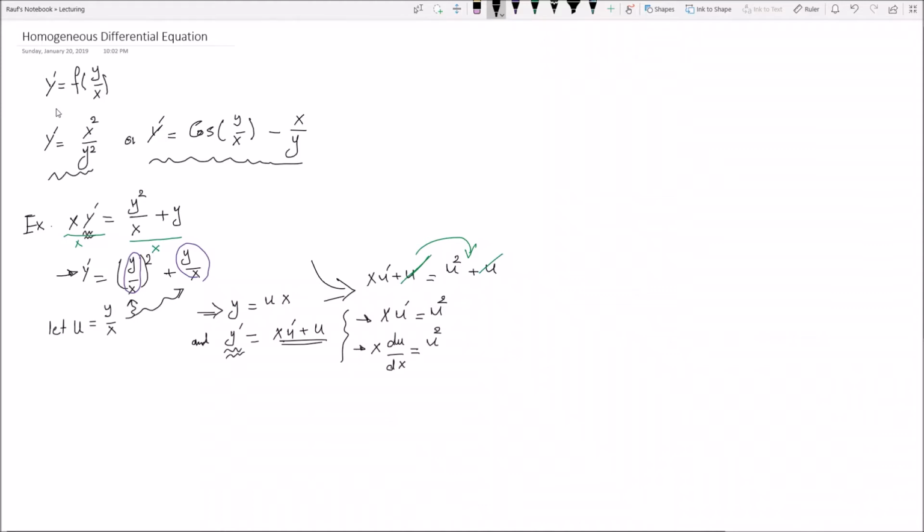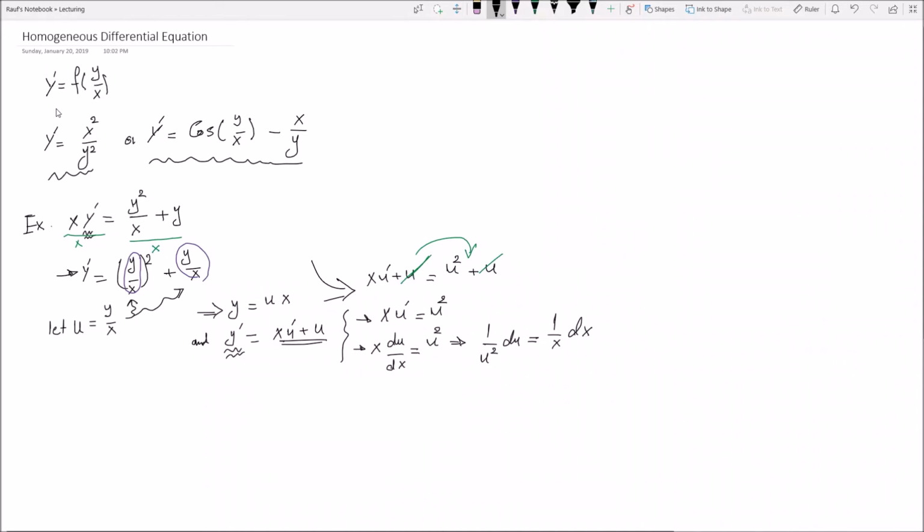Having the u function and du on one side of the equation and the x function and dx on the other side can be done by having 1 over u squared du equal 1 over x dx.